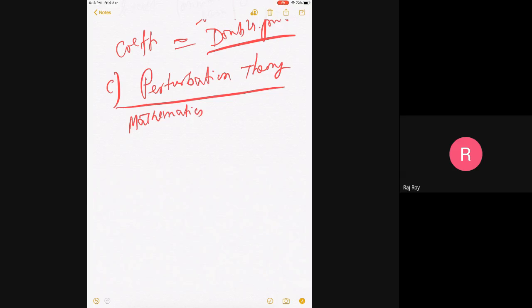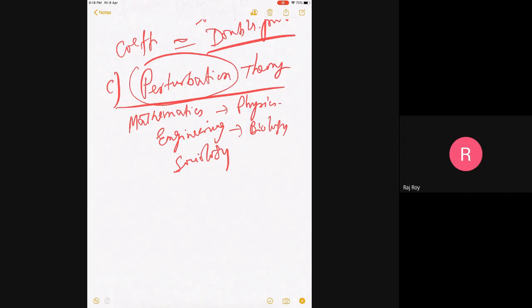but it is widely used not only in quantum chemistry, but in physics, engineering in particular, and in general, biology, sociology, anywhere, not as quantitatively. The perturbation theory essentially says that you have a system which is known, whose solutions are known, and then you perturb the system.